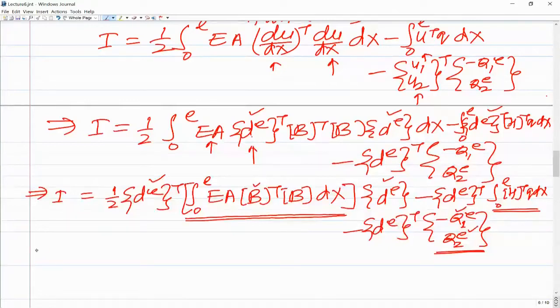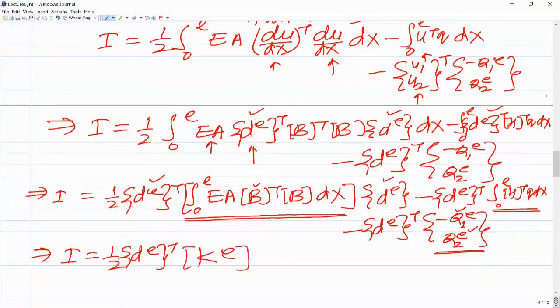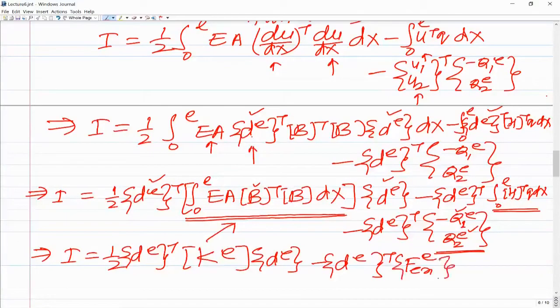I'm going to use some notation for all these. We can write half of d transpose, and this whole quantity I'm calling Ke, then we have d, and then minus d^e transpose into F external, where the superscript e is for the element.